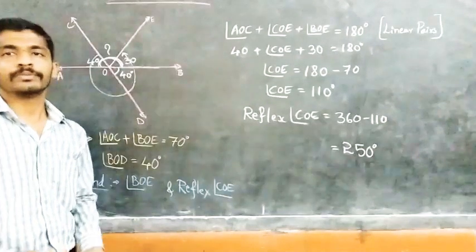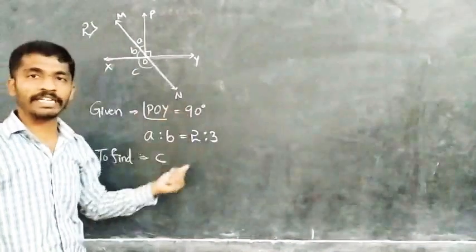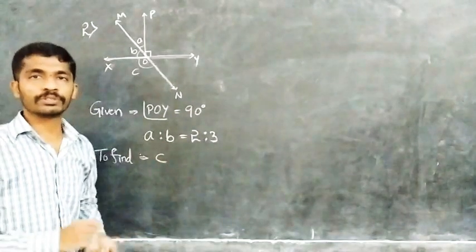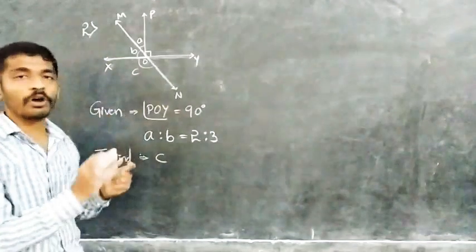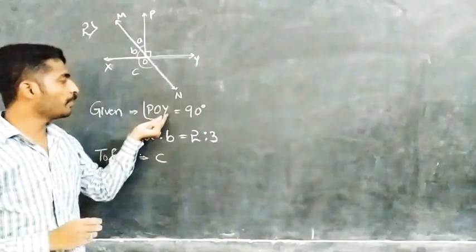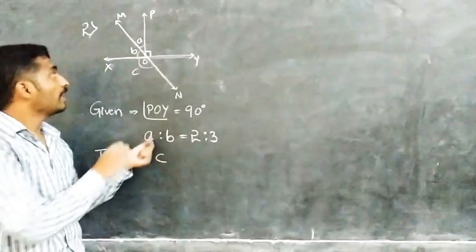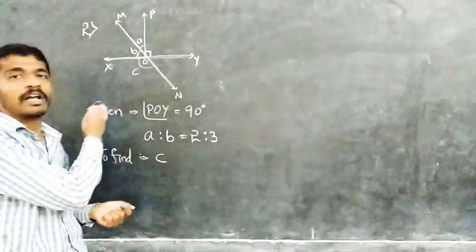Understood? The second question, they given POY equal to 90 degree and A is to B is 2 is to 3, and we have to find the C. So here first you observe POY is 90. Opposite to that A and B are there, exactly on the left side.